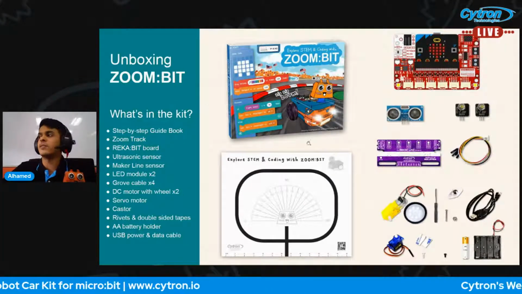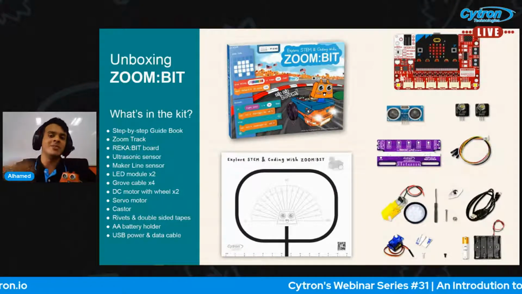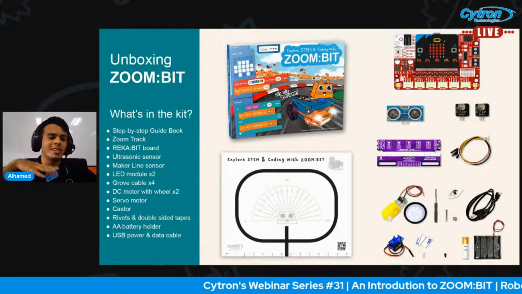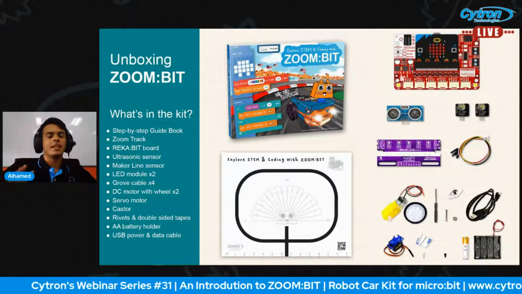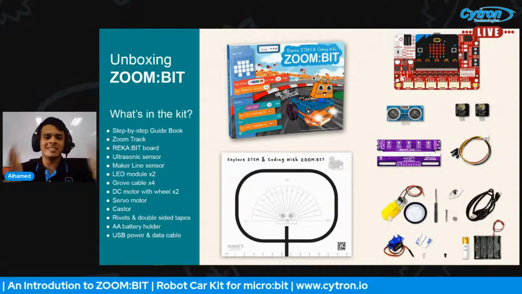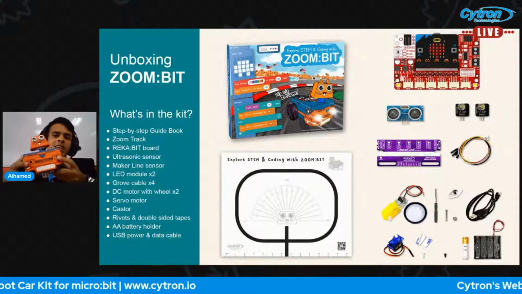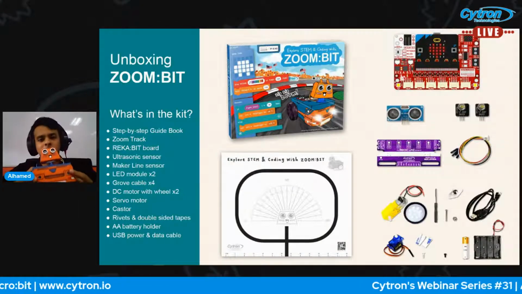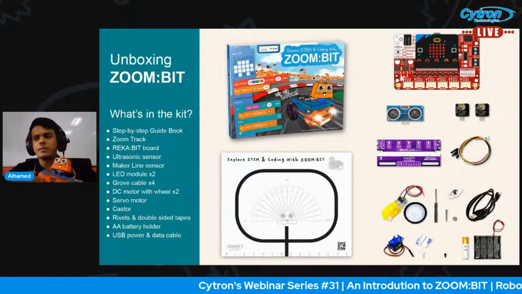Moreover, we have the maker line sensor that will help us keep the car on the track. Okay, and now, for sure, lights are an essential part of any car, aren't they? So here we will have two LED modules, which represent the headlights of the robot.